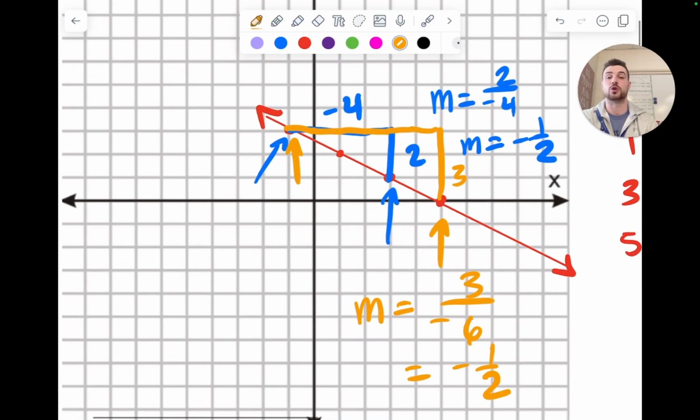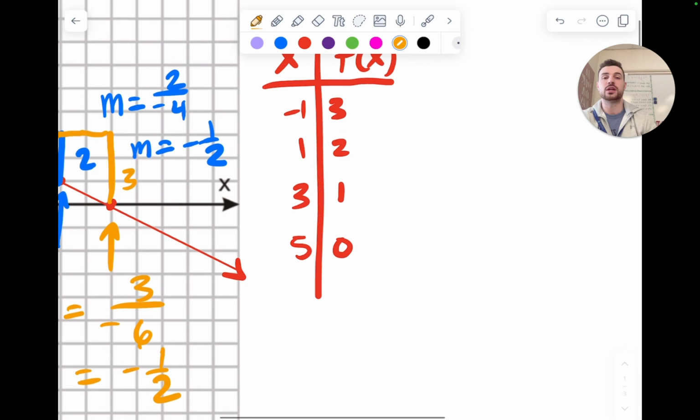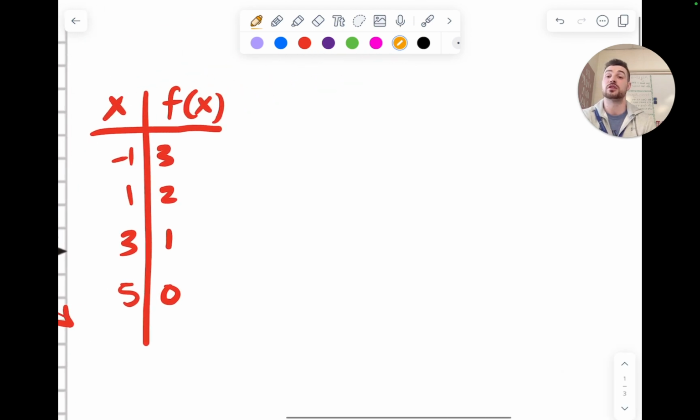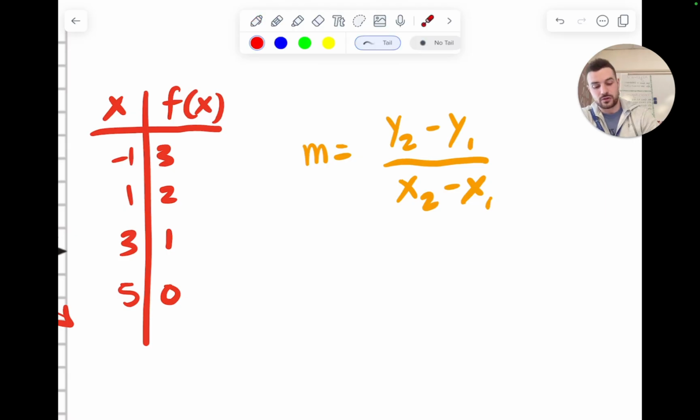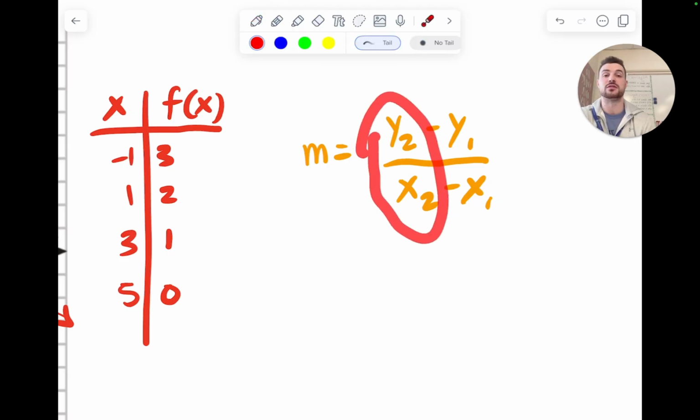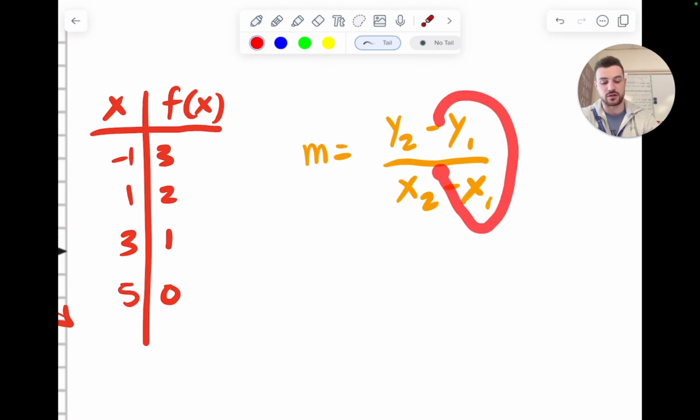All right, so we can pull the slope directly from the equation. We can use the graph to find our rise over run, but we can also calculate the slope if we were just to look at table values. The equation we use to calculate slope is y2 minus y1 divided by x2 minus x1. One point is represented by these two values, and the other is represented by these two.